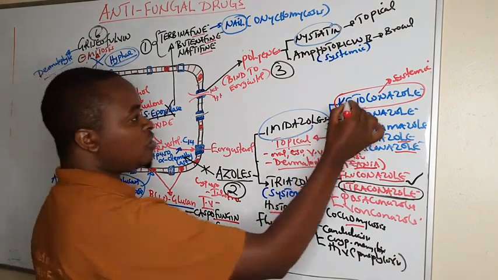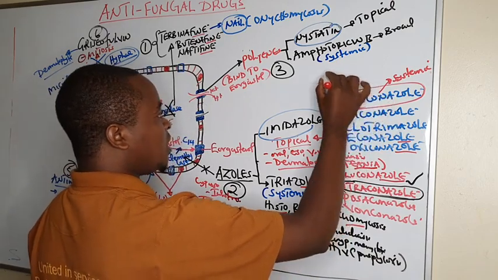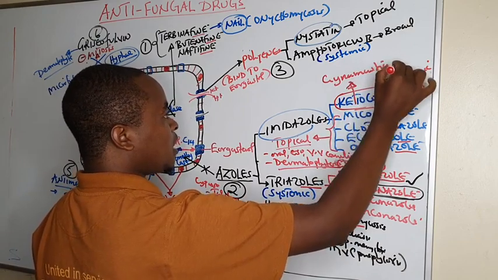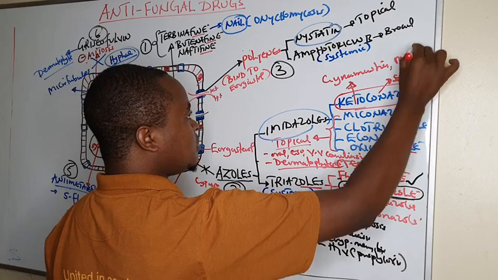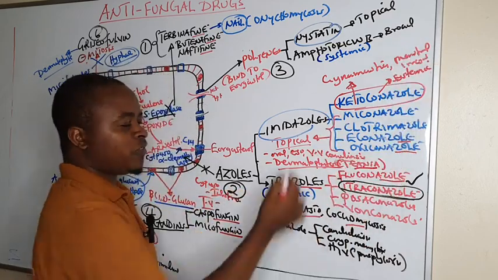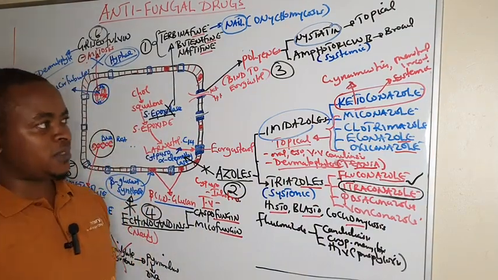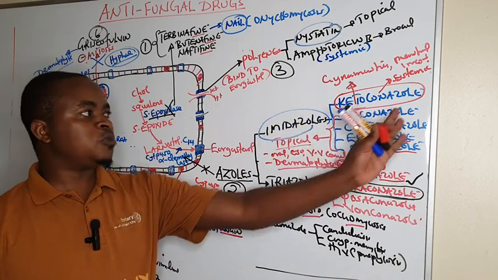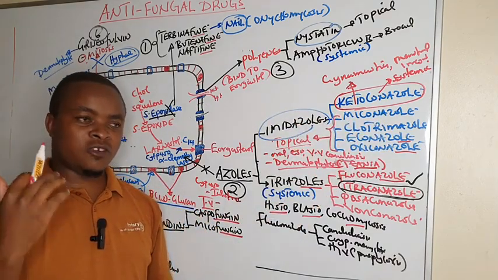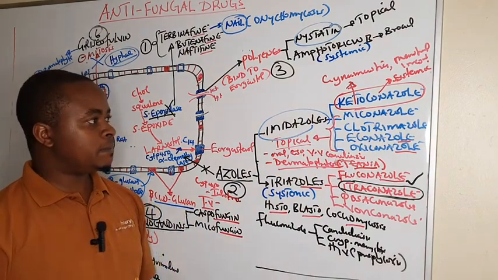But peculiar to ketoconazole, it can cause gynecomastia. It can cause menstrual irregularities in ladies, and it is not advised to give ketoconazole together with oral contraceptives. Its absorption is increased in the presence of a fatty meal, but don't give it with antacids.